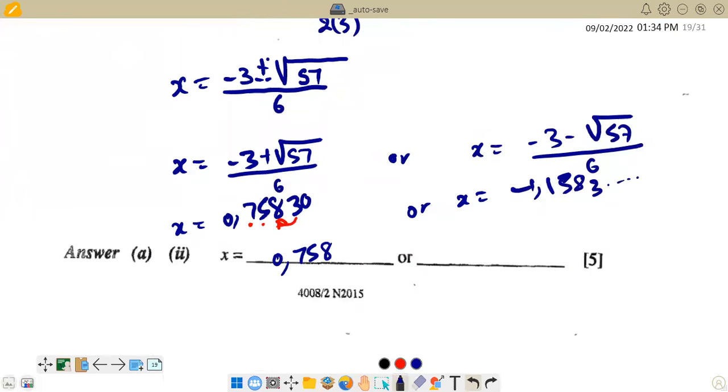Here we do the same, but 1 is already a significant figure, so we start counting from this 1: 1, 2, 3. And this 8 is going to change this into a 6, because it has been rounded up. So it's going to be negative 1.16.